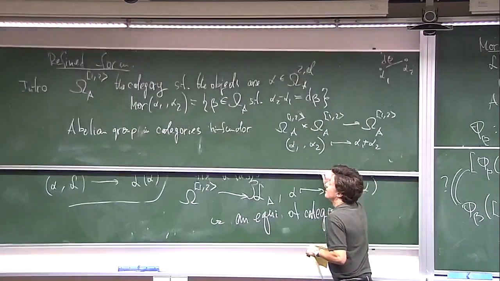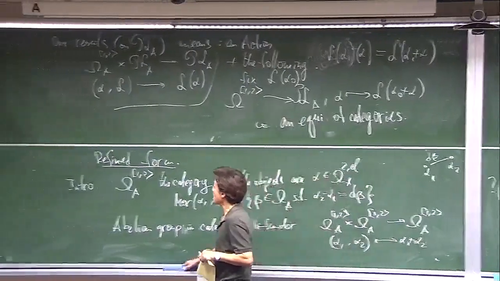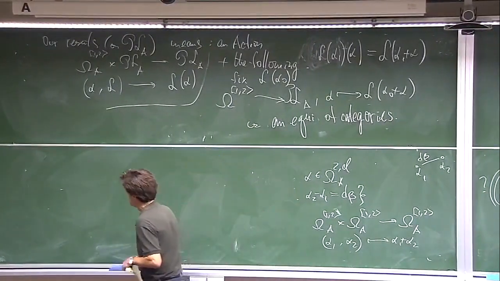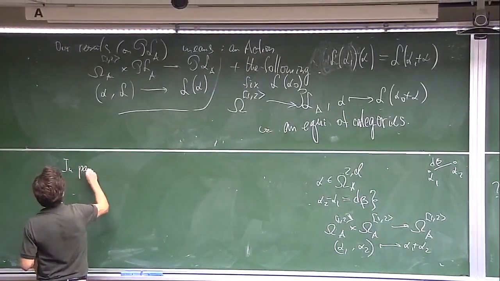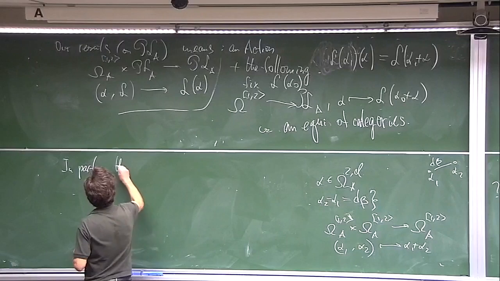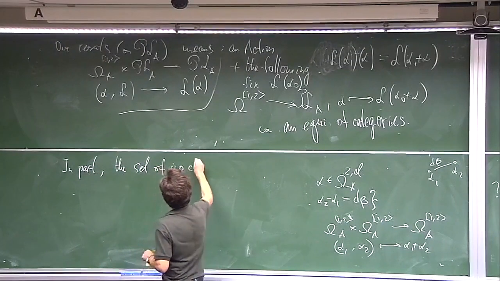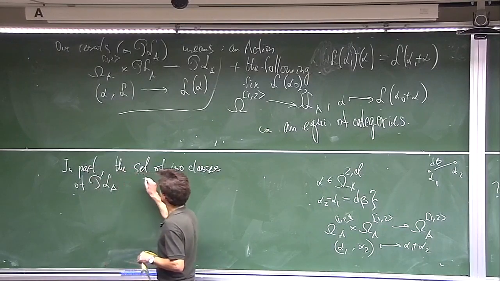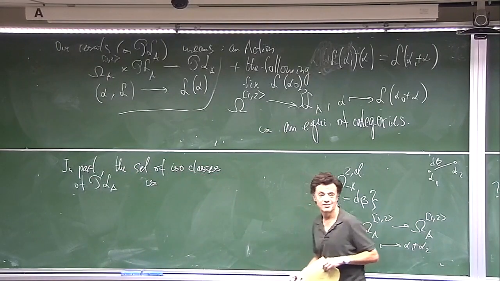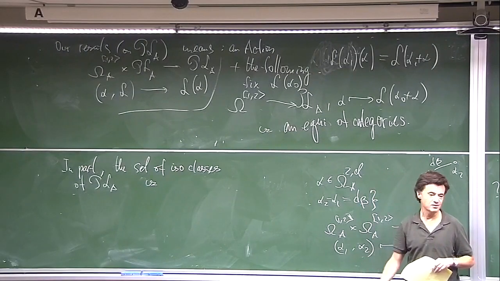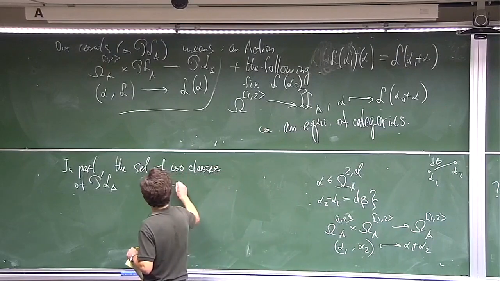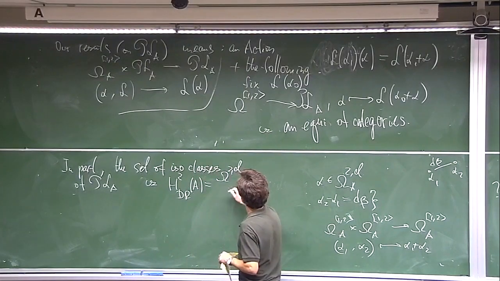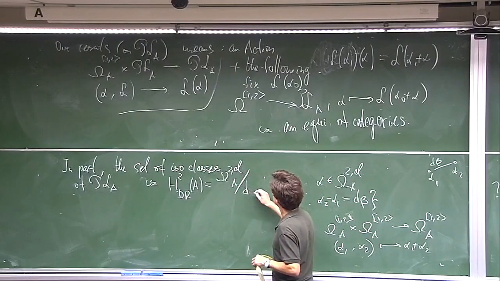In particular, the set of isomorphism classes of chiral algebroids is, you see, of course simply the de Rham cohomology. Meaning, of course, take the closed two forms and quotient out the exact.